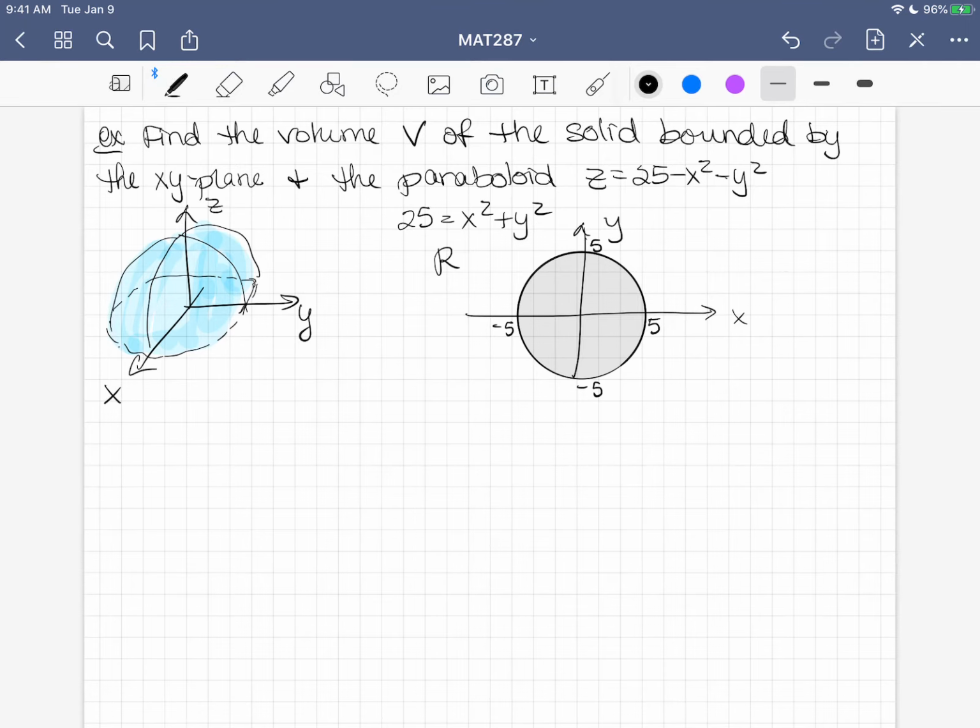And in fact, we can lessen our work a little bit, and this is only because the paraboloid is symmetric about the z-axis.